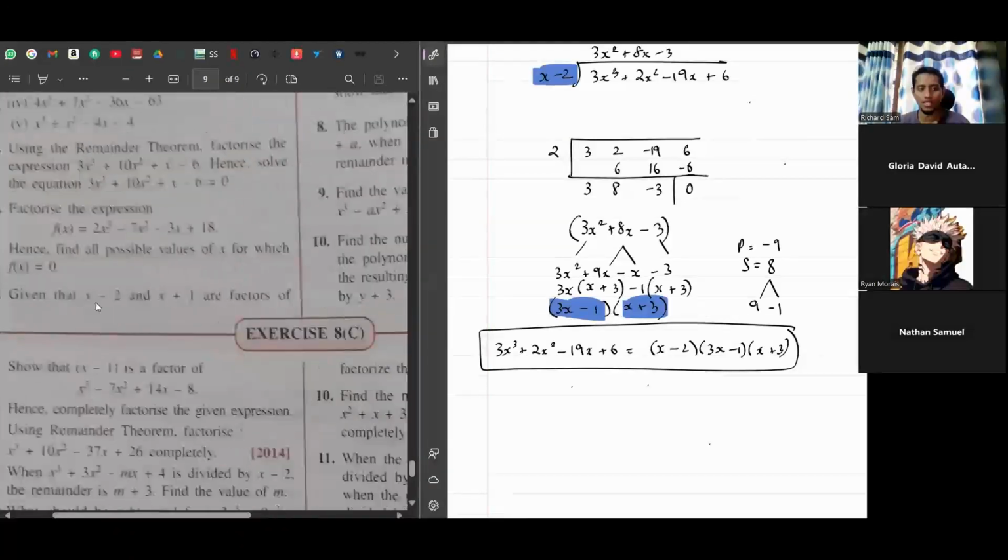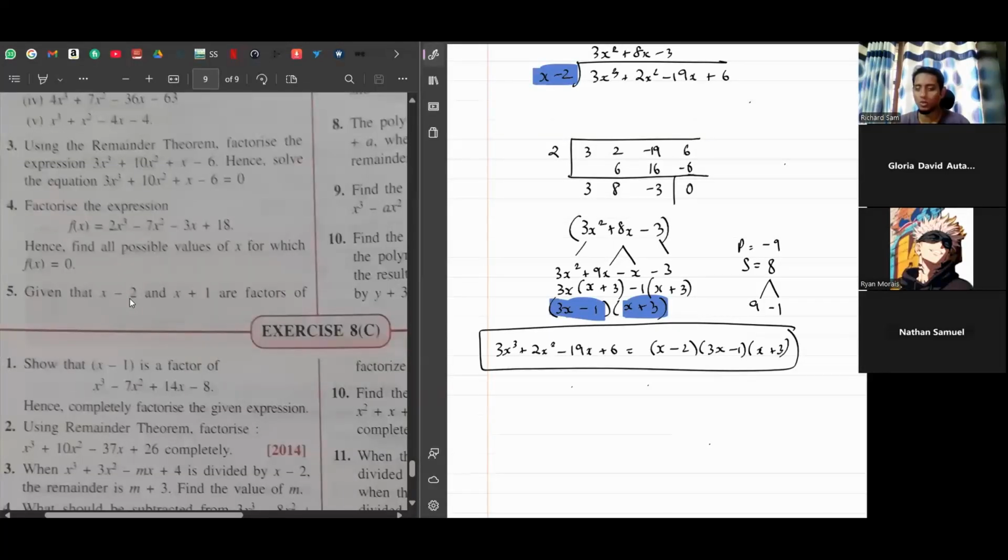Since x minus 2 is a factor, therefore f of 2 will be 0. This is from the previous chapter actually, remainder theorem. Sometimes we say remainder theorem, sometimes we say factor theorem. So which theorem is this, if they have given the factors?